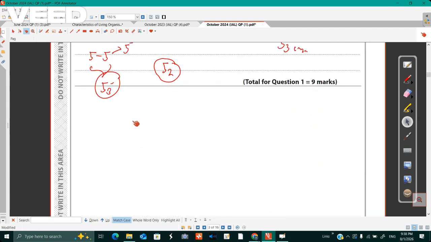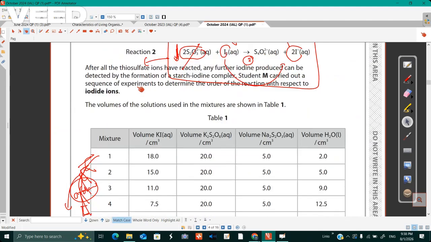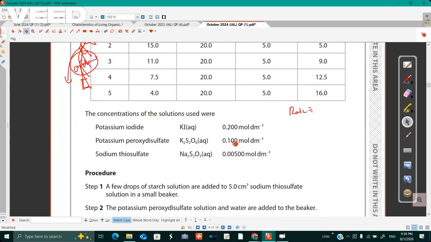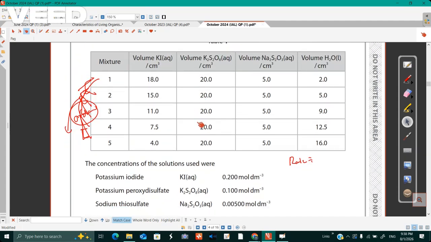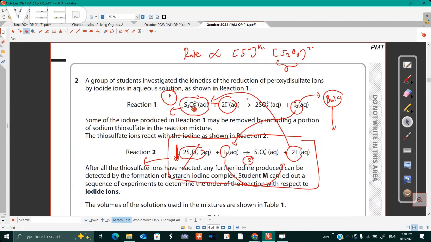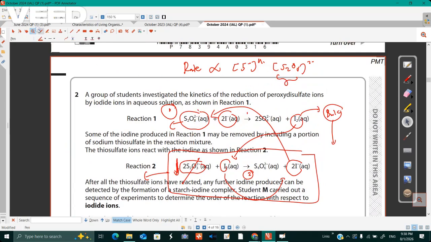The concentration is given, so that concentration is maintained. So we can assume the concentration is not getting changed. We can make it a constant here.